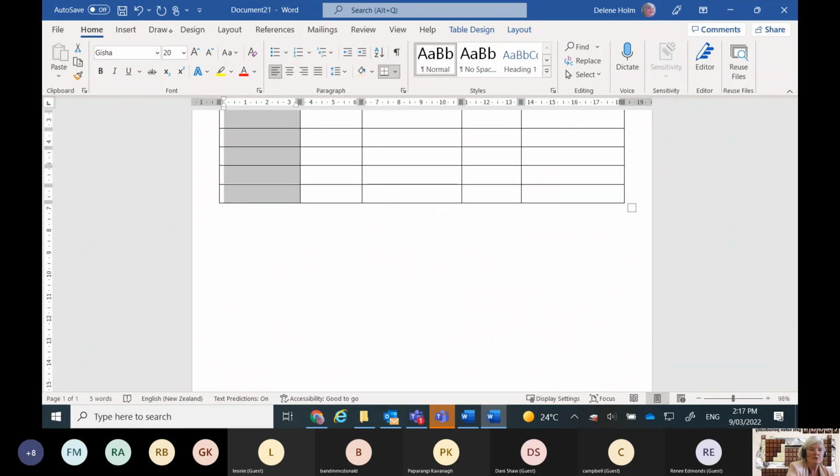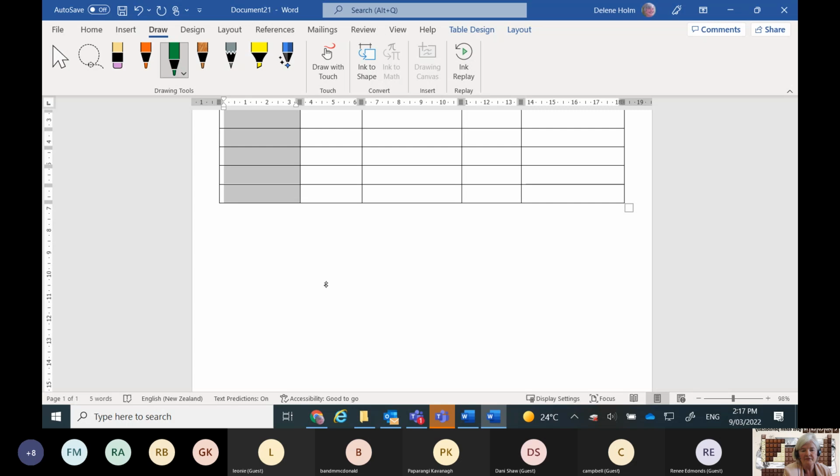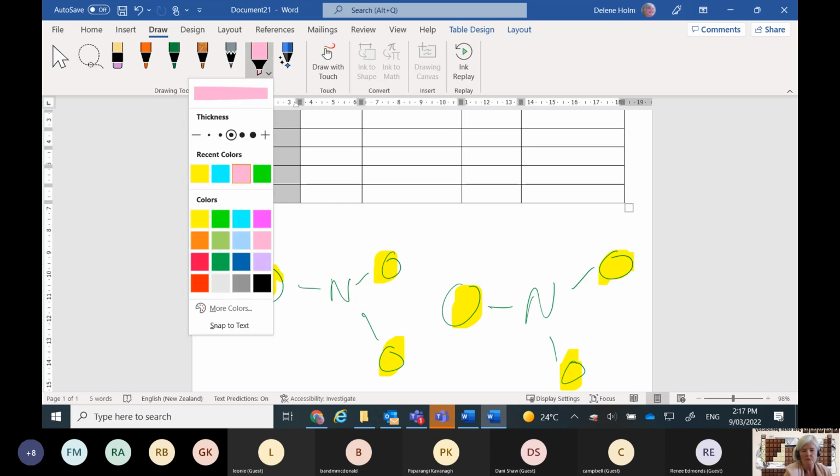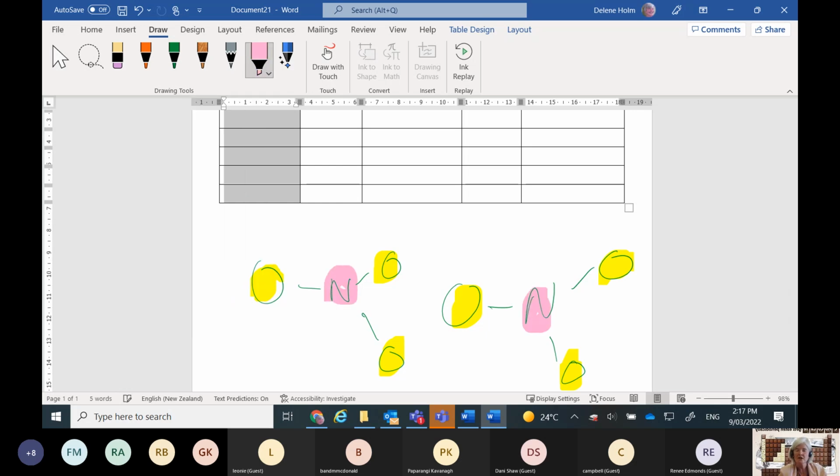So if you think of, excuse my hand, I've got 2 nitrates, you can see that I've got 6 oxygen atoms and I've got 2 nitrogen atoms, because a lot of people add the 2 and the 3 and they come up with 5, but remember it's 2 nitrates, so I've got 6 oxygen atoms there.